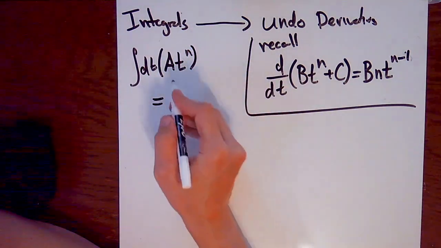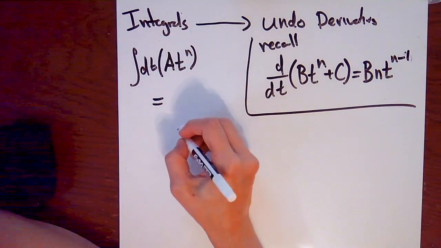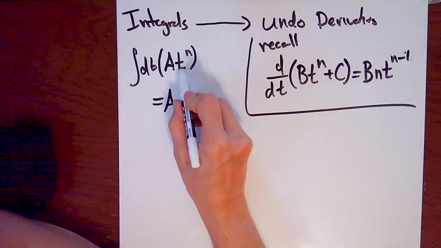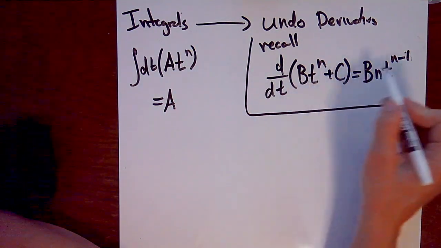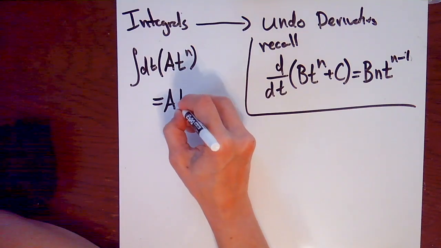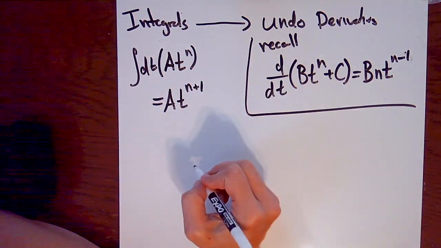And what that's going to be equal to, we're going to do the opposite of everything we did here. So we have a, that actually does stay the same, but then for the power of time, over here for the derivative, we subtracted 1. So when we do the integral, we're going to do the opposite. We're going to add 1 to the power, so it'll become t to the n plus 1.